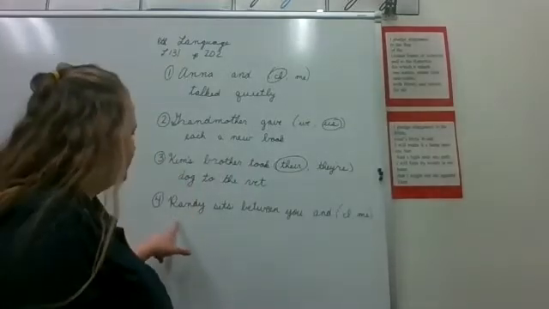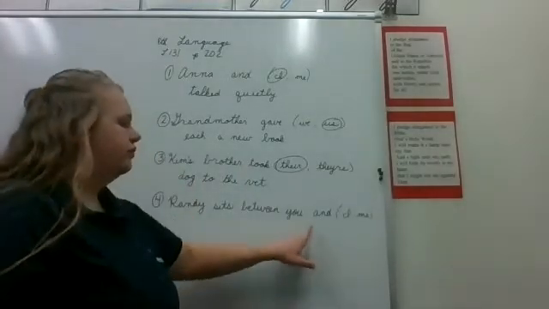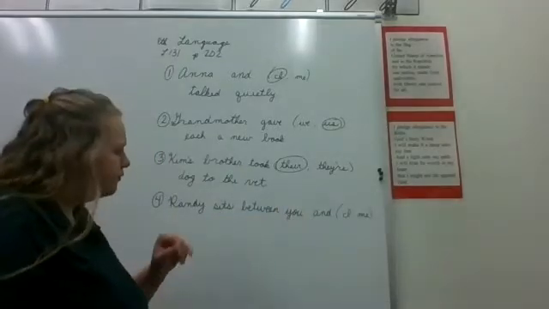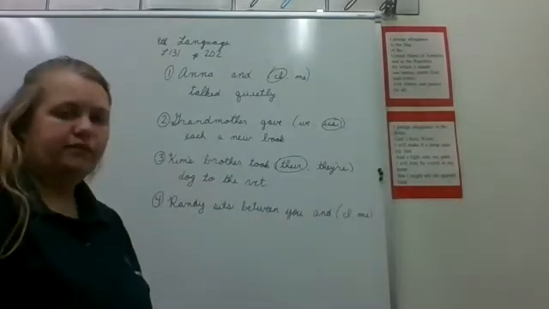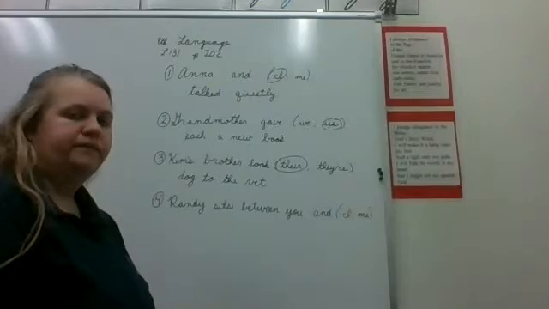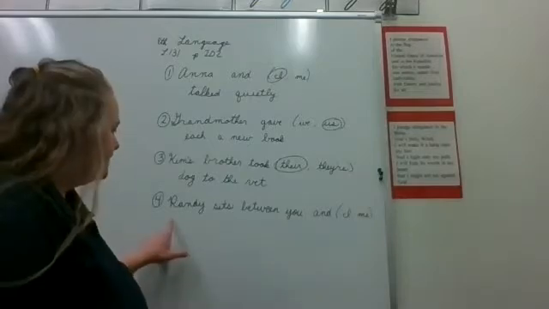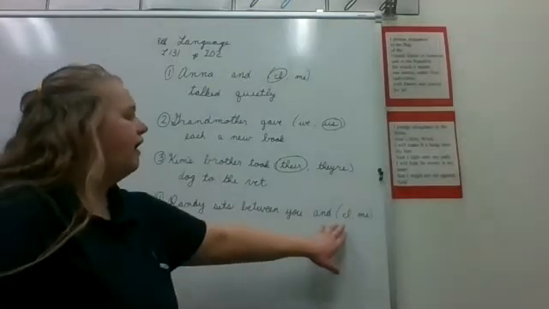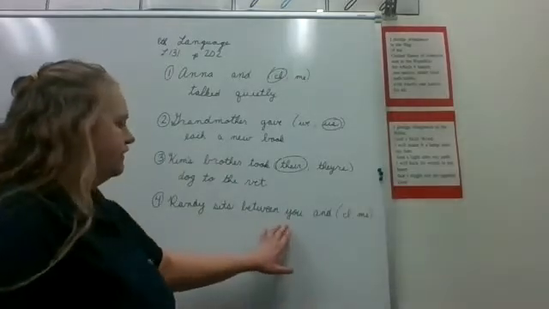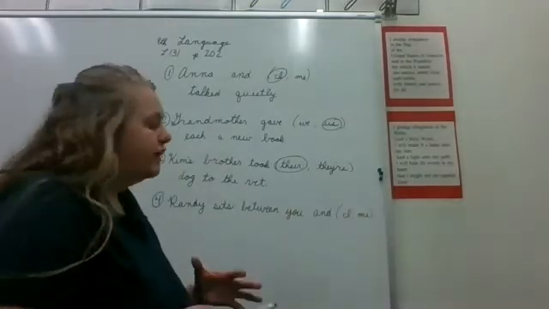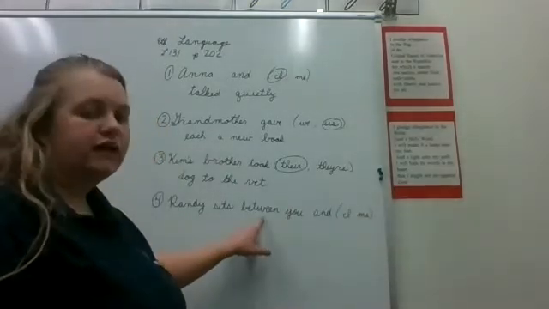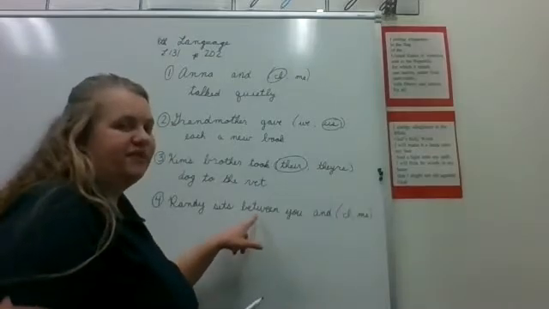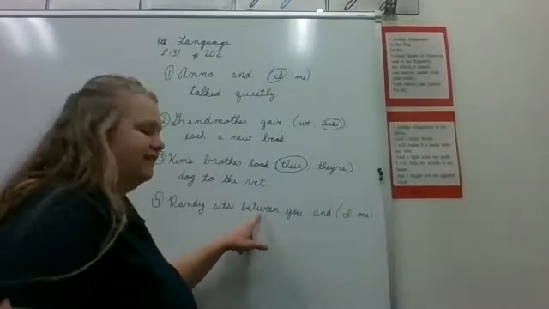And then the last sentence, Randy sits between you and I or me. Okay, what would it be, I or me? If we said it with just one at a time, Randy sits between you and I, or Randy sits between you and me, they could both sound correct, but if we look here, we have the word between, and does anybody know what type of word this is?